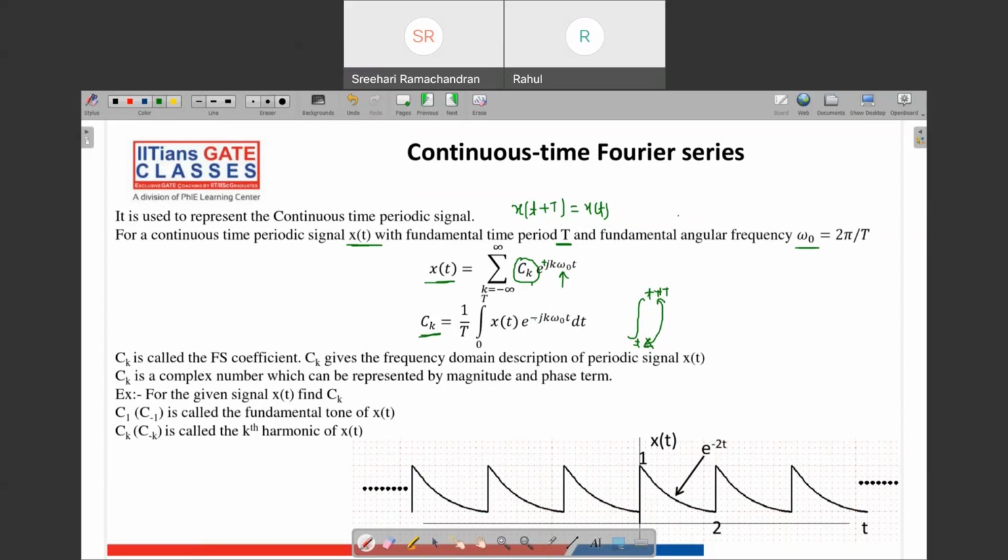You can choose any time duration which is equal to the time period of the signal. So this is how we calculate the Fourier coefficient c of k.